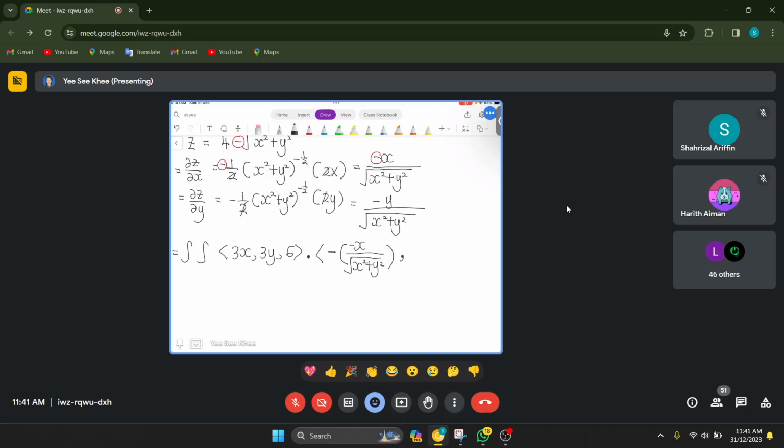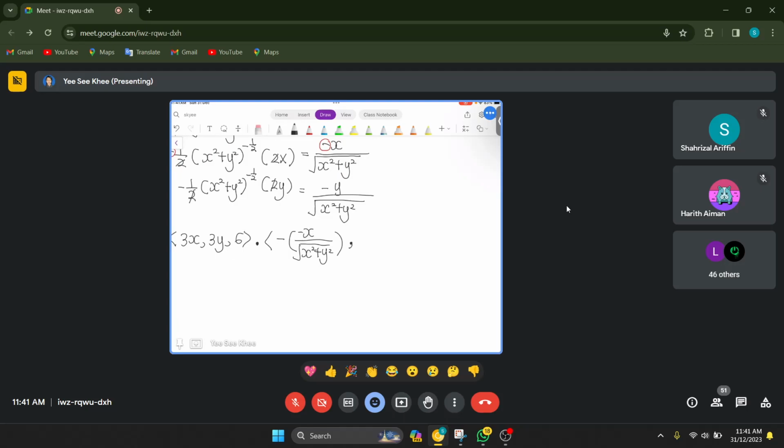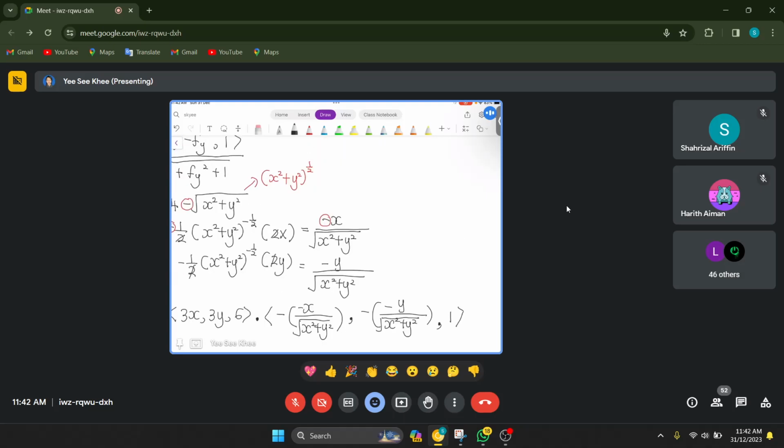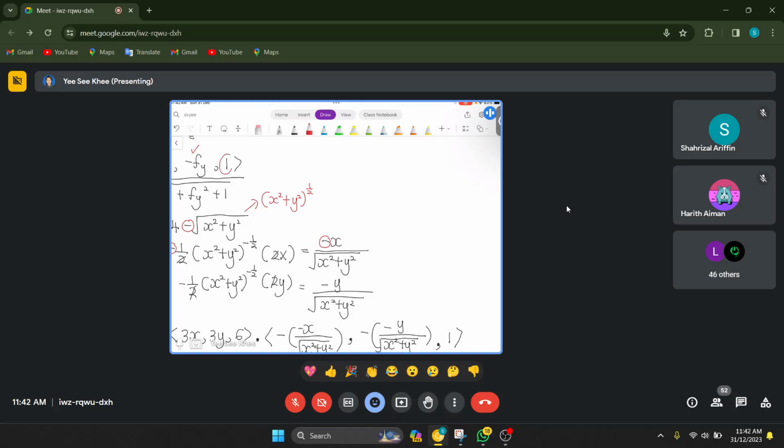And then negative y, fy: negative y over the square root of x squared plus y squared, comma 1. Okay, 1, because here it is equal to 1.